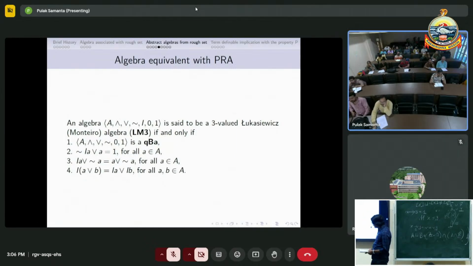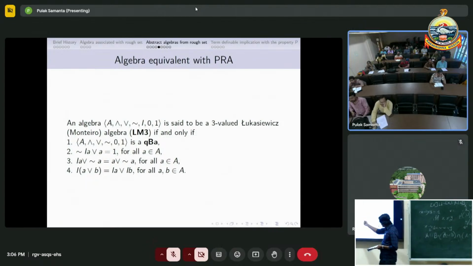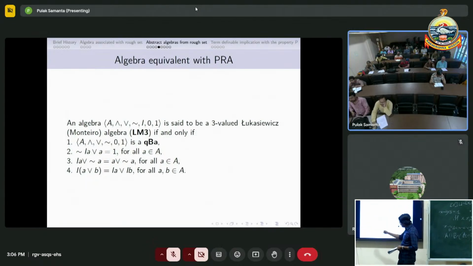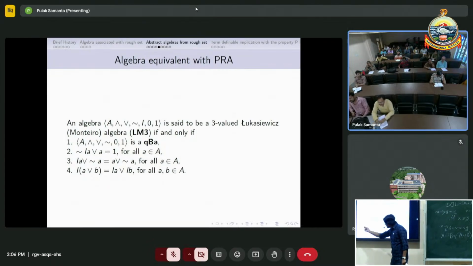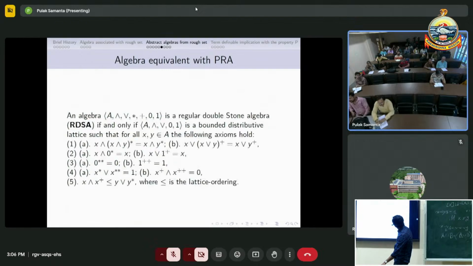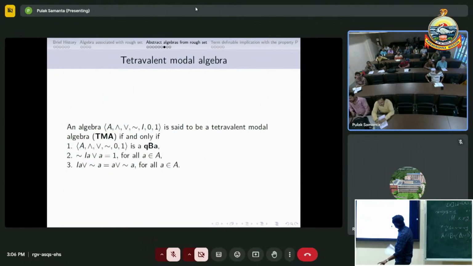Here you see the same De Morgan algebra, that is quasi-Boolean algebra, with one unary operator satisfying these 3 properties. Again, if we lose axiom number 4, another algebra comes, the tetrahedral modal algebra. You see that from LM3 only axiom 4 is missing here.